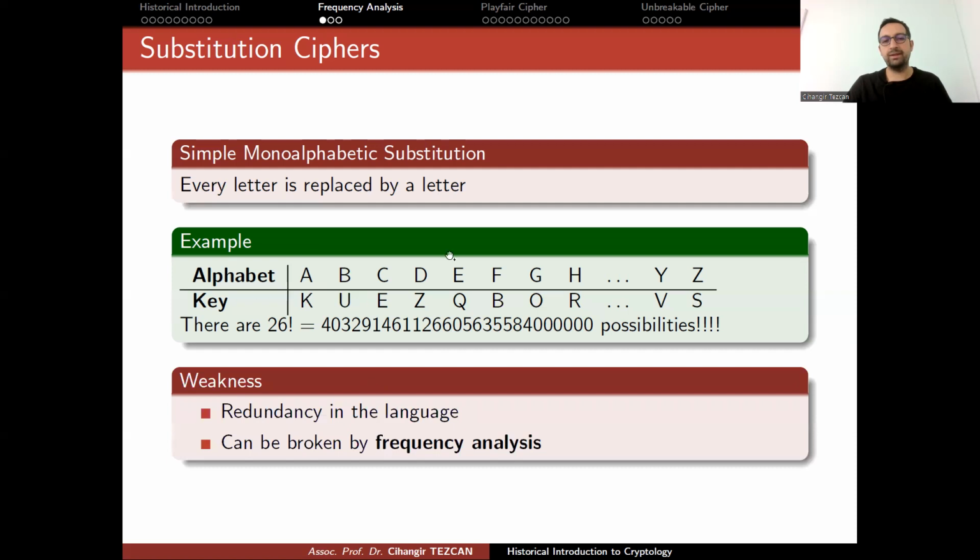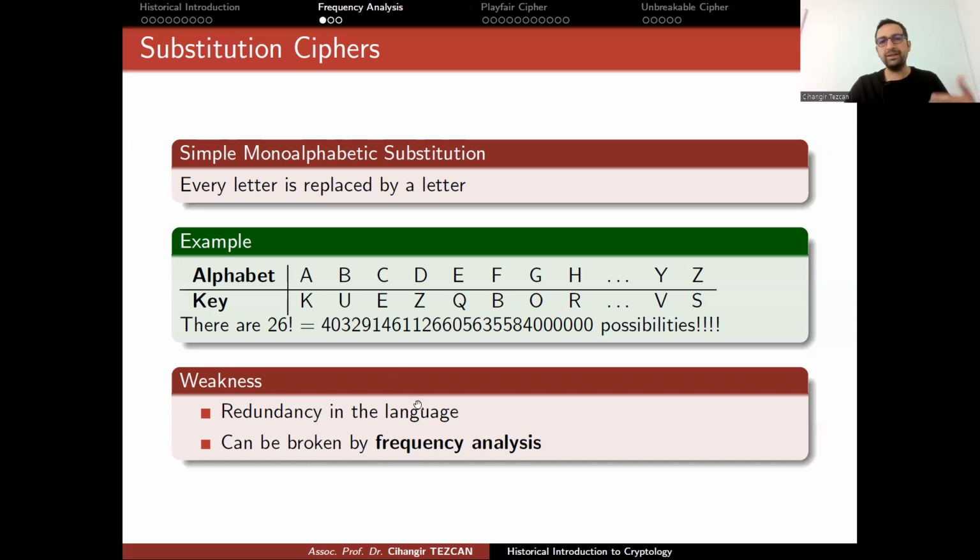The weakness in this algorithm is the redundancy in the language. This means that there are repetitions in the language, which creates a statistical weakness. Frequency analysis is a statistical attack, and in modern cryptanalysis, almost every attack is statistical. So you have to learn frequency analysis and perform it to understand how modern cryptanalysis works, okay?